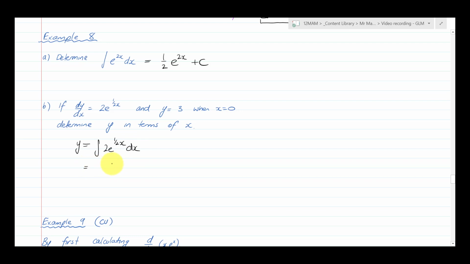And when I integrate that, I get 2e to the half x divided by a half, plus c, and that's equal to 4e to the half x plus c.